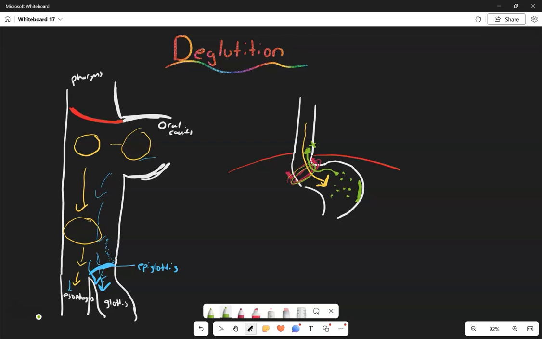This can be problematic in people who have a lack of tension in that lower esophageal sphincter, and can become a common occurrence, which we call gastroesophageal reflux disease, or GERD for short. Gastroesophageal reflux disease. Right? And so that's how food moves from the oral cavity down into the stomach.